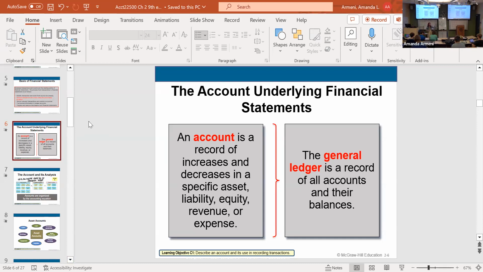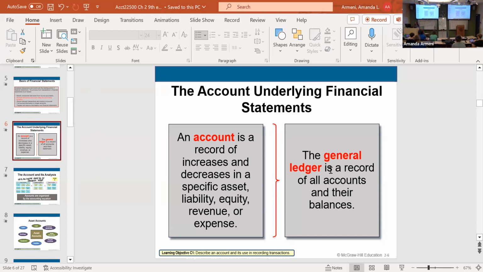But this is going to be an exhaustive list of everything that you will see in this class. Are you with me? There are obviously going to be more complicated accounts that accountants have to deal with that you'll learn about in intermediate accounting or advanced accounting if you decide to move forward with the accounting program. But what we talk about here is going to be a more exhaustive list of the accounts that you're going to be expected to know about in this class, okay?